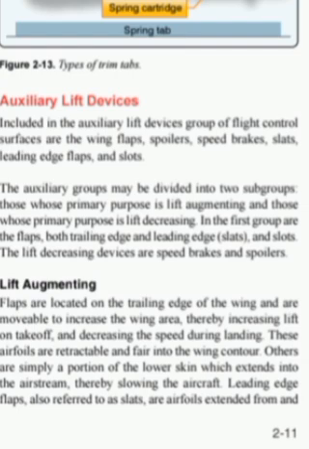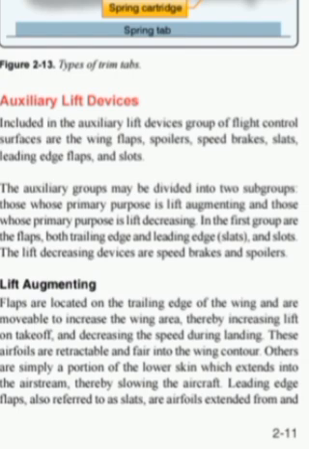In the first group are the flaps, both trailing edge and leading edge, slats, and slots. The lift decreasing devices are speed brakes and spoilers.